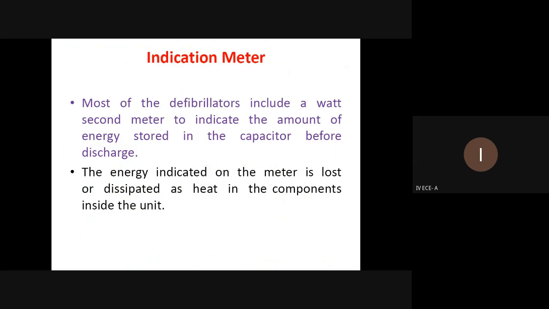Then, the indicator meter. The indicator meter indicates the fibrillation rate and the status, that is, the improvements in the patient's heartbeat.